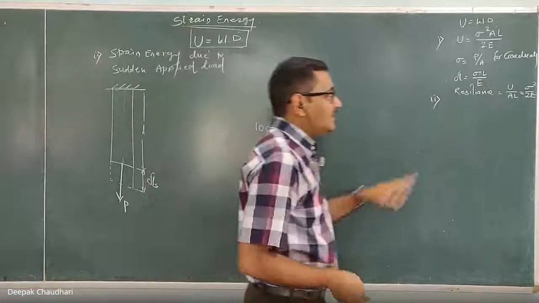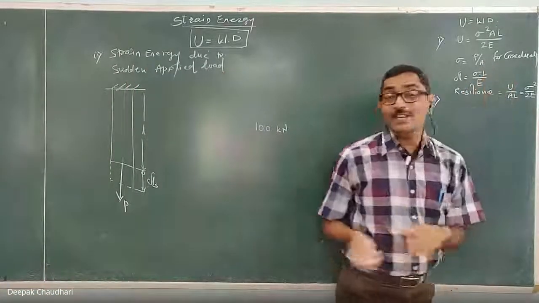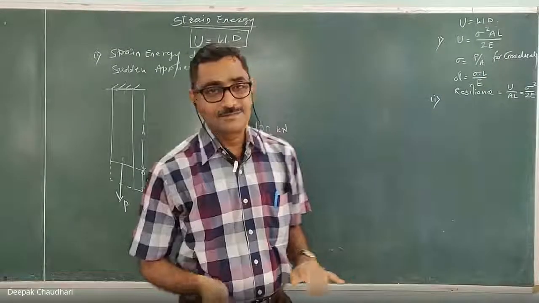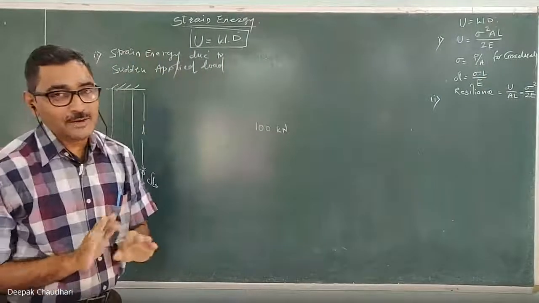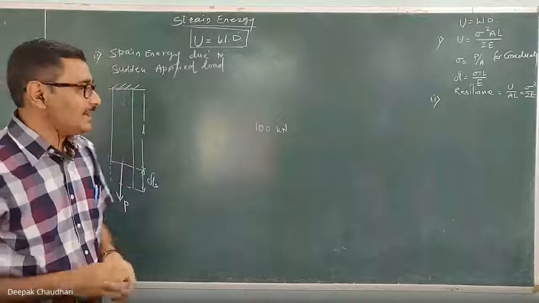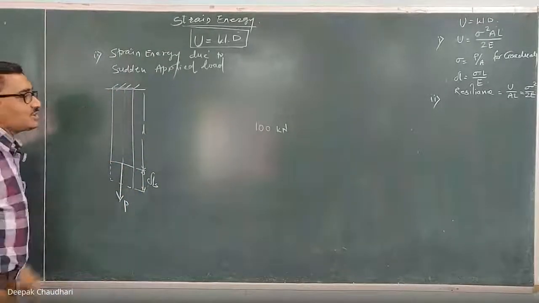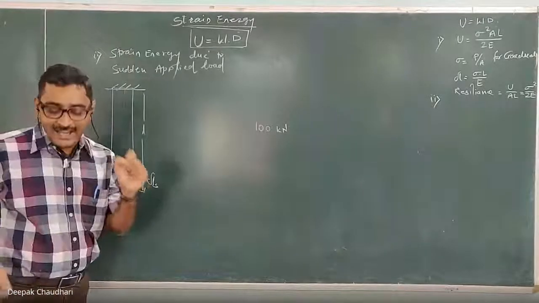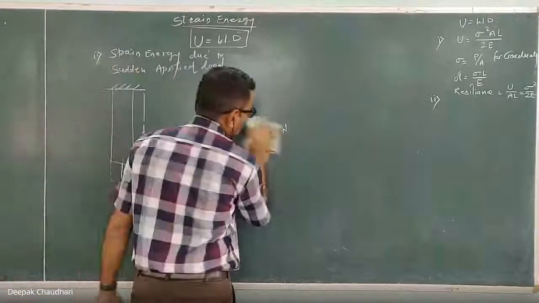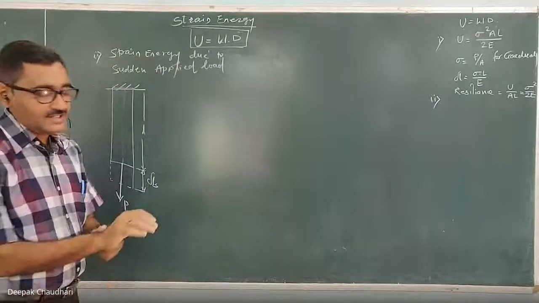For a sudden applied load, we cannot use the PL upon AE formula to calculate the deformation. That's why I've denoted this deformation as delta L suffix S, the deformation because of the sudden applied load.